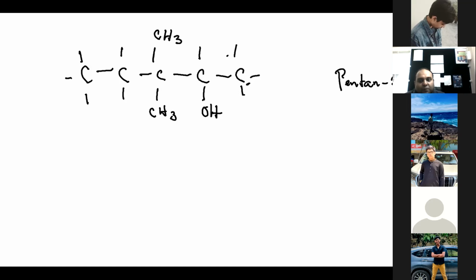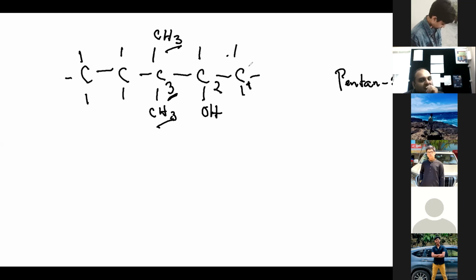If we start numbering from this side, then this is 1, this is 2, this is 3. Sir, for CH3 it is the same either way, because either way we get 3.